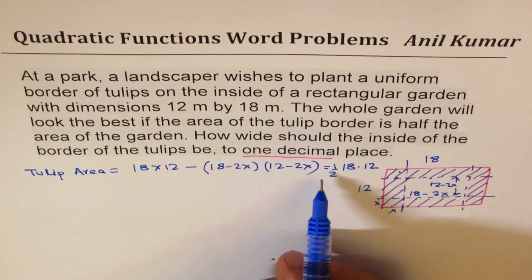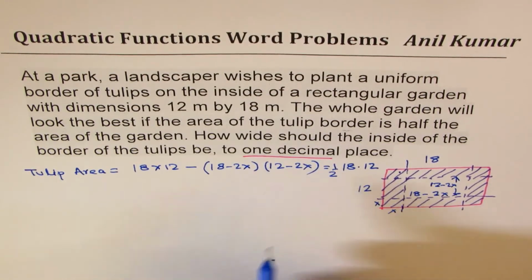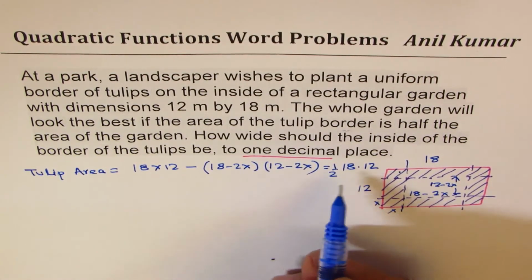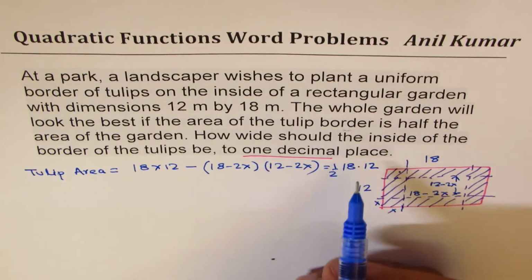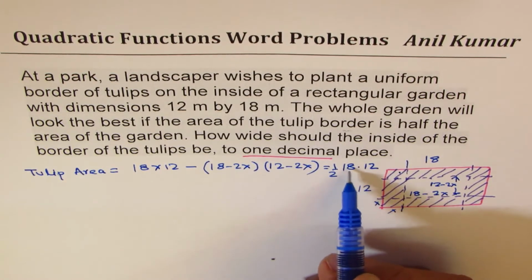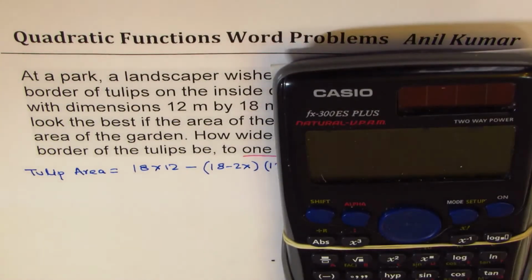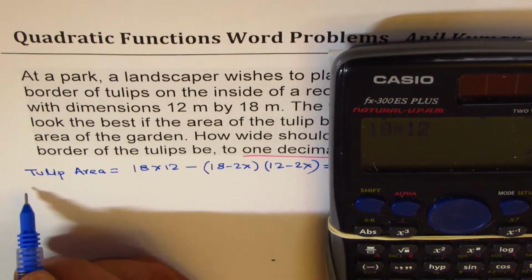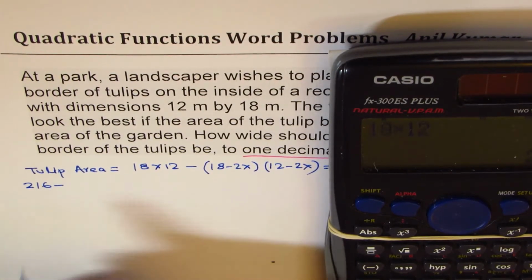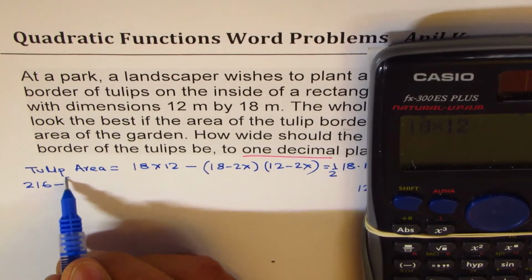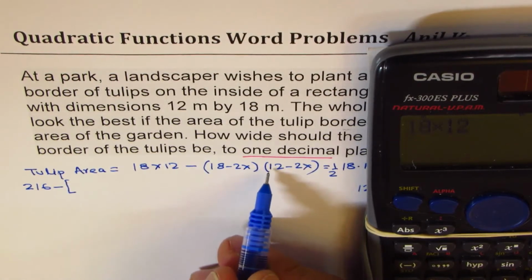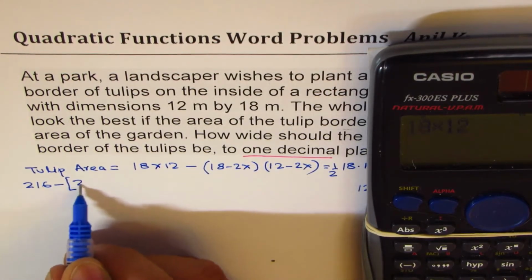So let's bring all the terms together and solve. So on this side, we have 9 times 12. We can use calculator. Okay. Let's do it. So 18 times 12 is equal to 216. Let's rewrite. 216 minus, okay, 18 times 12 is 216 again.